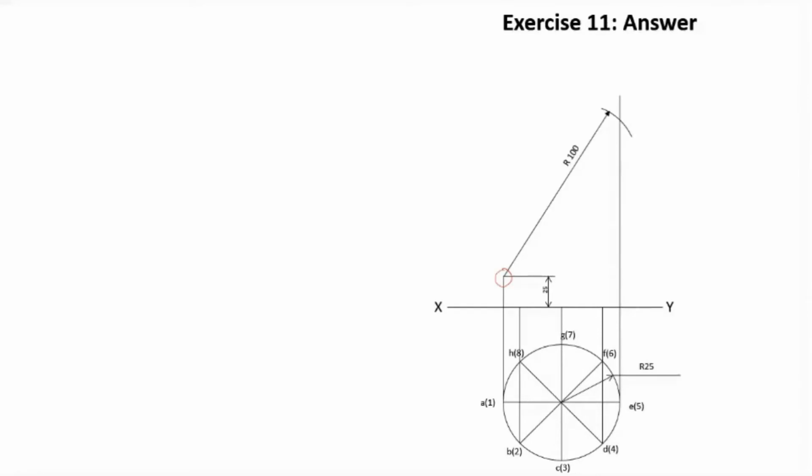The length of the line should be sufficient so that the arc will intersect this end generator. Now, to get the section plane, join this point with the point of intersection of the arc with the end generator. So like this. This is our section plane.